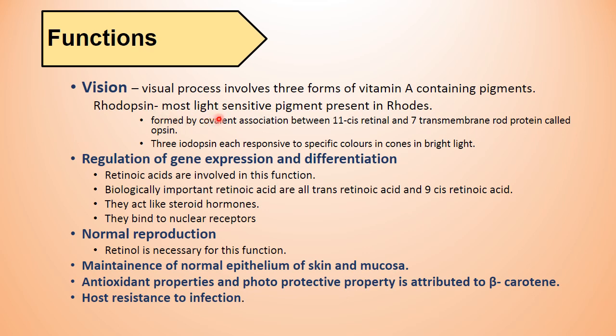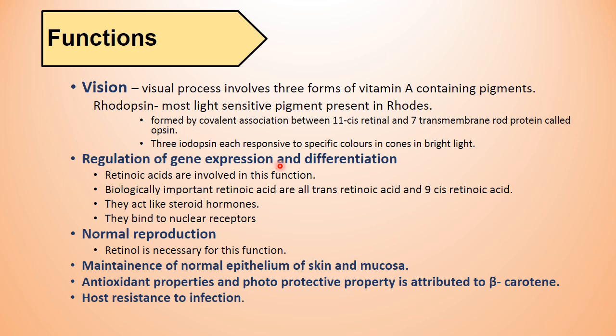Rhodopsin is the most light sensitive pigment present in rods. It is formed by covalent association between 11-cis retinal and the 7 transmembrane rod protein called opsin. Three iodopsins, each responsible for a specific color, are in cones in bright light.